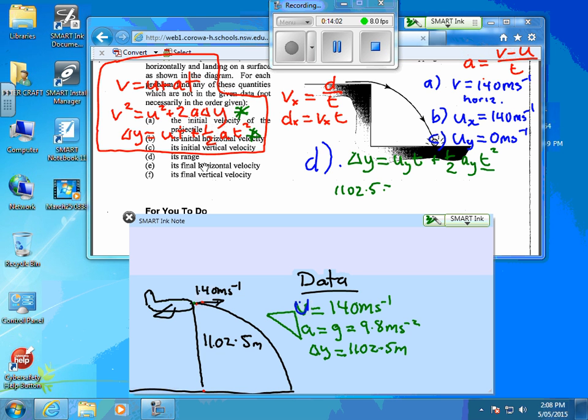1102.5 equals, well, that's 0 times time, so that bit just doesn't go in there, because 0 times anything is 0, plus 1/2 times 9.8 metres per second squared times t squared.